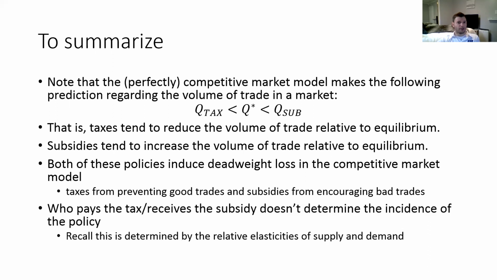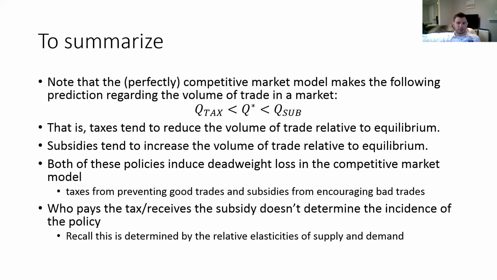Again, who actually pays the tax or the subsidy didn't determine the incidence of the tax or the subsidy. This was determined by the relative elasticities of supply and demand. The relative slopes of the demand and supply curves determined to what extent either market agent, the buyer or seller, was helped or hurt by either of these policies.